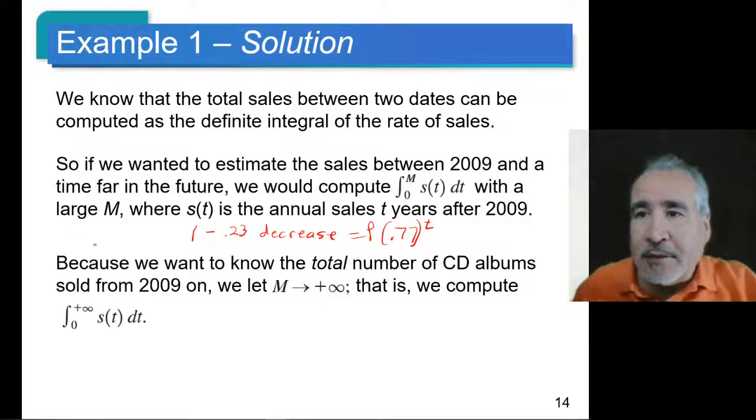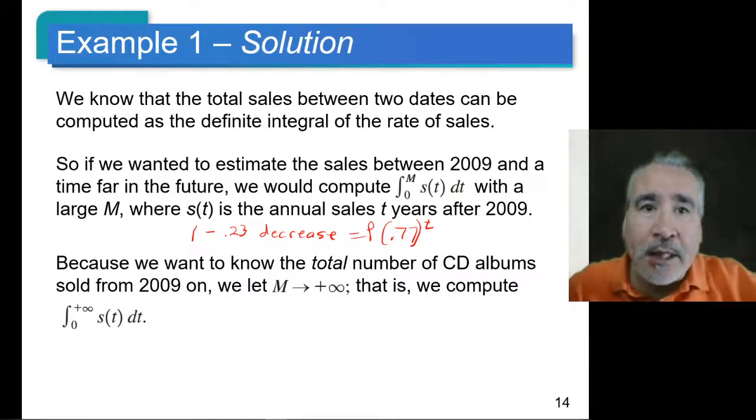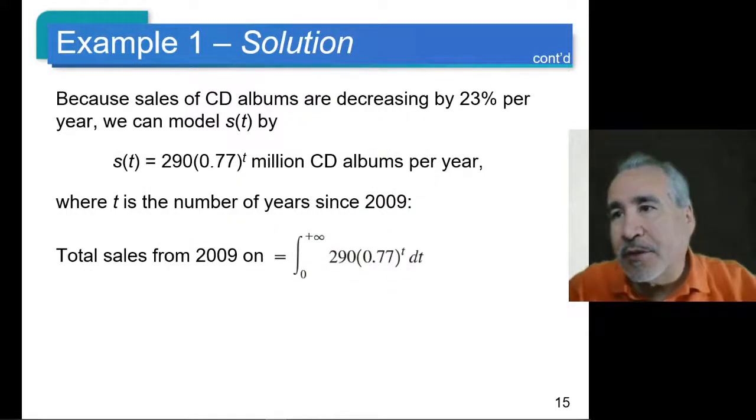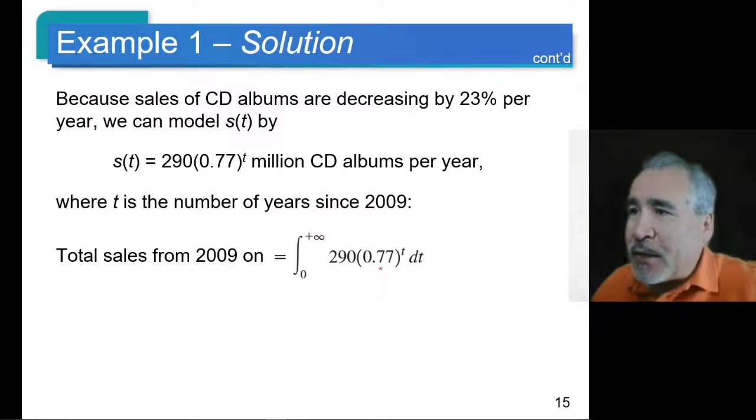When we integrate it from 2009 to infinity, we will get the total that will be sold, unless it diverges, which it probably won't, right? Because this is a k value less than 1. So we haven't done one of these yet, but how does this integrate?